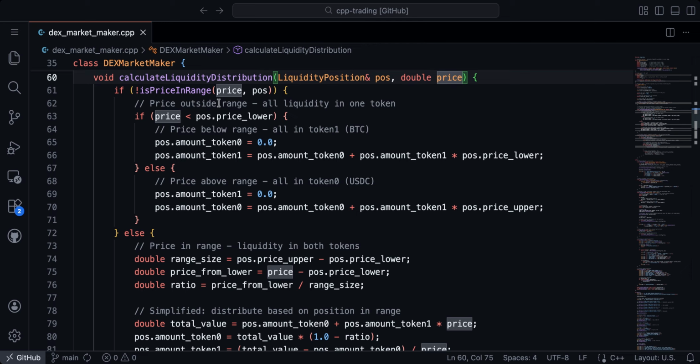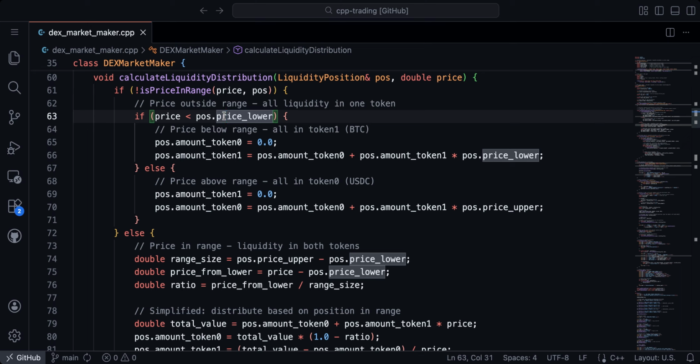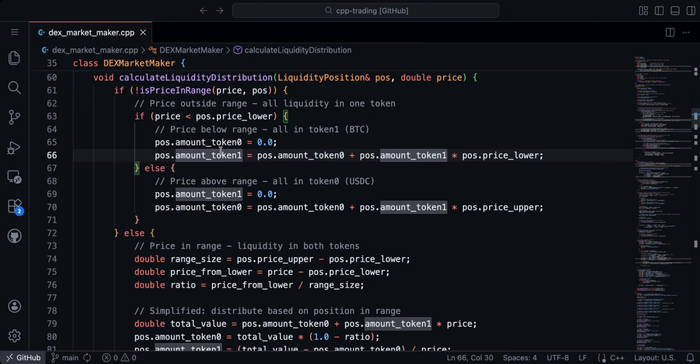If the price is not in range, we check if the price is below the lower bound. If so, all liquidity is in token 1, which is BTC in our example. We set amount token 0 to 0 and convert all value to token 1 using the lower bound price. If the price is above the upper bound, all liquidity is in token 0, which is USDC.